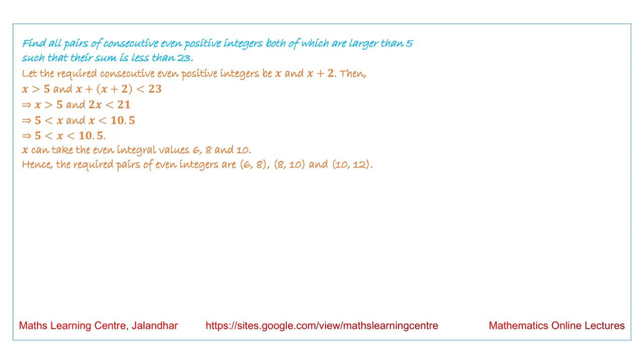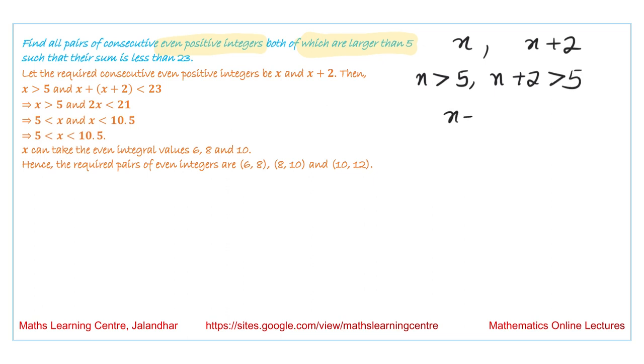Next is find all pairs of consecutive even positive integers, both of which are larger than 5 and whose sum is less than 23. Now we are again talking about consecutive positive integers. So suppose the numbers are x and x plus 2, and it is given that both these numbers are greater than 5, and their sum, x plus x plus 2, is less than 23.